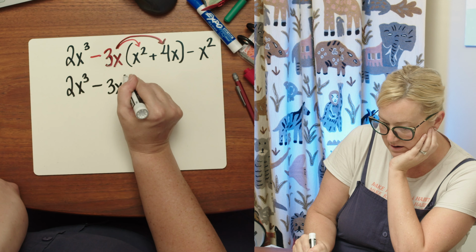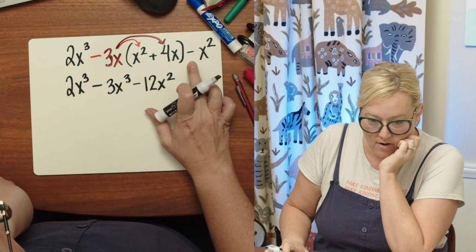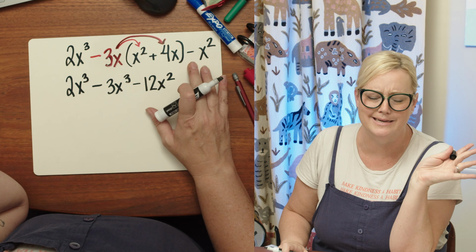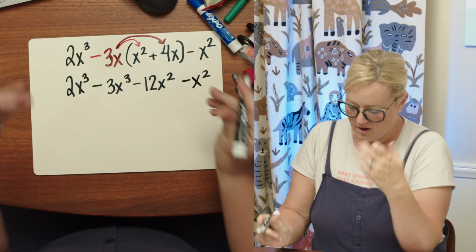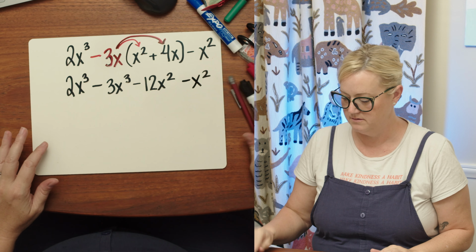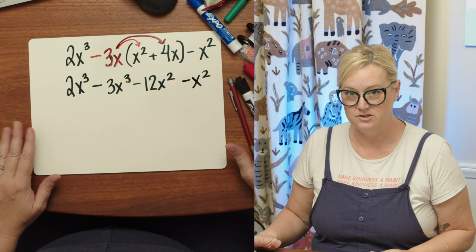I'll take care of them in a minute. Negative 3x times positive 4x is minus 12x squared. Now that negative 3x is only distributing here. Those parentheses end the distribution. So this minus x squared is still just minus x squared. Nothing's happened to it.